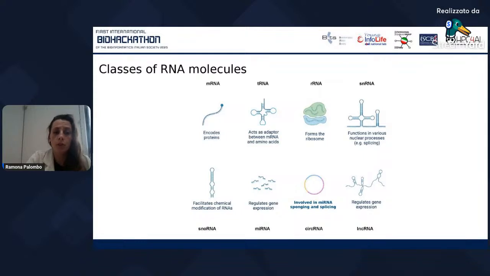And the long non-coding RNA are very similar to the messenger RNA because they are also polyadenylated, but the function of this long non-coding RNA are still to be explored in detail, but they can regulate gene expression.